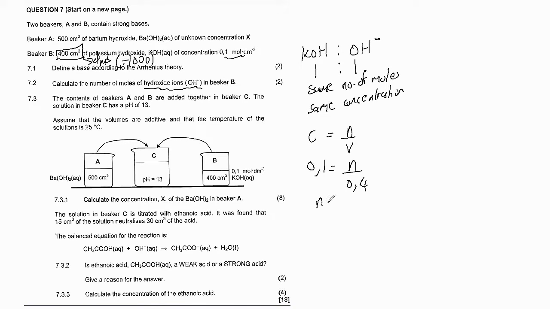Cross multiplying here, we have n equals 0.04 mole. So the number of moles of the potassium hydroxide is 0.04 mole, and the number of moles of the hydroxide ions it produces is still 0.04 mole. I hope that makes sense.